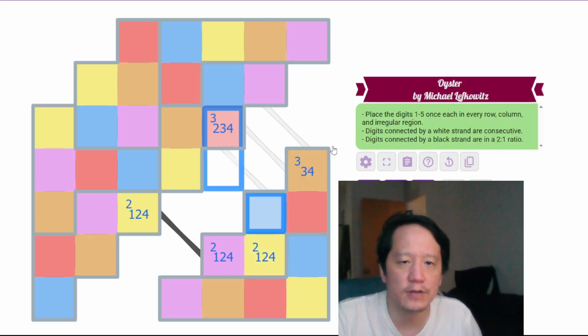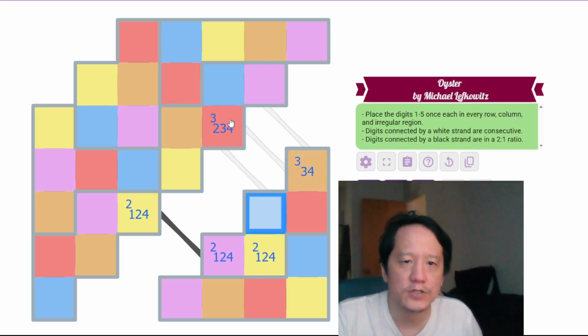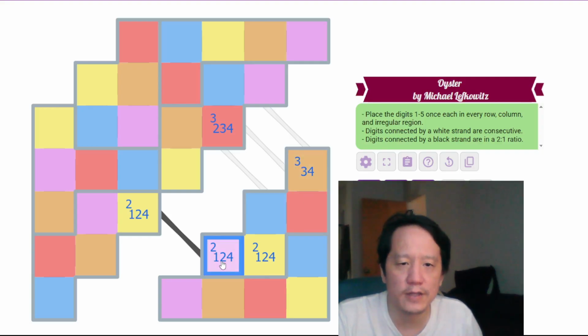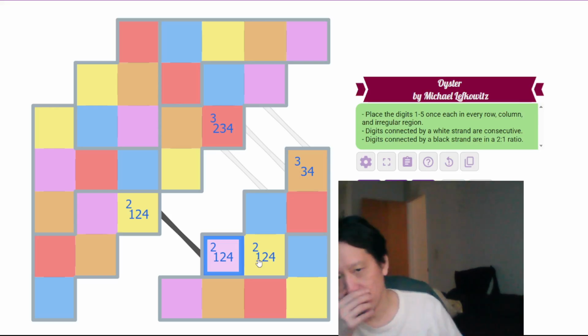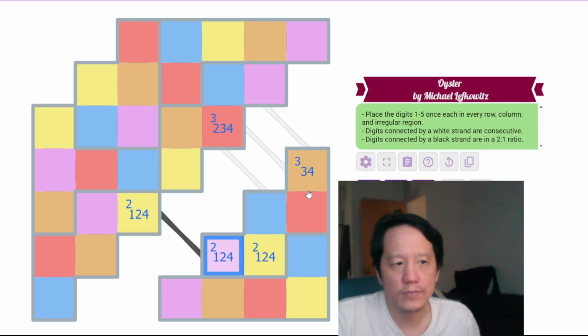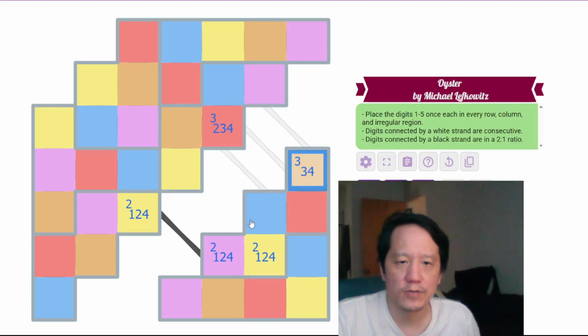So we need a 5 somewhere in this set. And we know pink then, yeah. Yellow is not part of this consecutive set here, right? You go from blue to red to orange to pink.